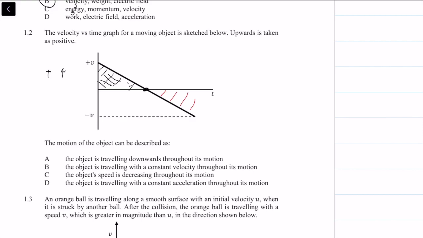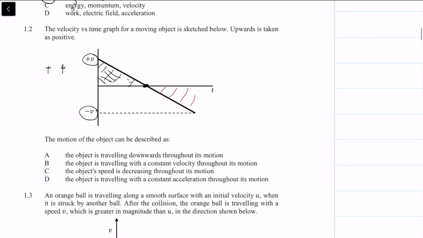The object is traveling with a constant velocity throughout its motion. This is also not true because it starts at positive v and ends at negative v, so those are not the same. A constant velocity would look something like this, a horizontal line on the velocity time graph. The object speed is decreasing throughout its motion. That is true for this first section because we're going from positive to 0, but from 0 onwards it is increasing its velocity, so that can't be true either.